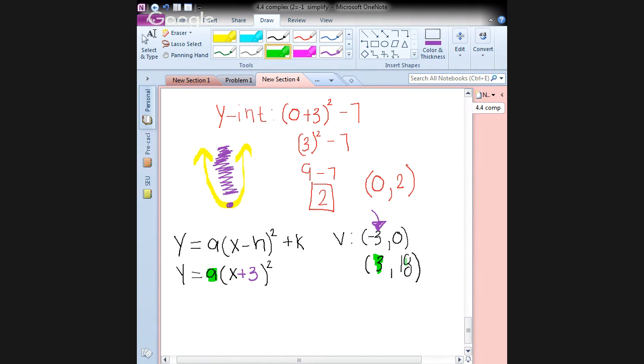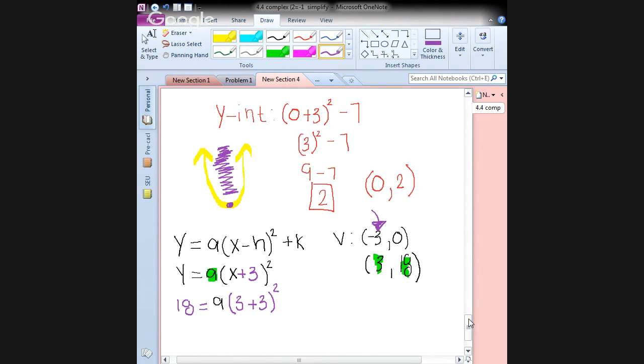So again, I'm going to rewrite this formula, but now I'm going to plug in my x and my y. My y is 18. I have no idea what my a is, so I'm going to leave it blank. And my x, we said, was 3, plus the 3 from my vertex, and we're going to square that.